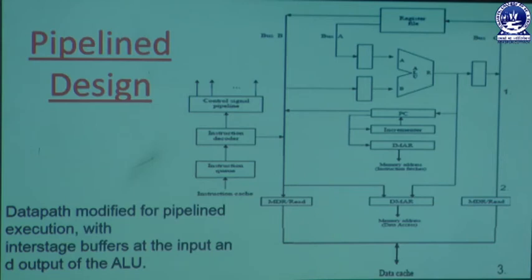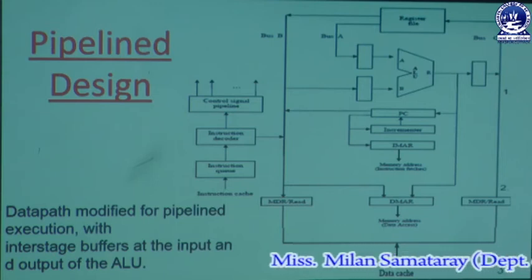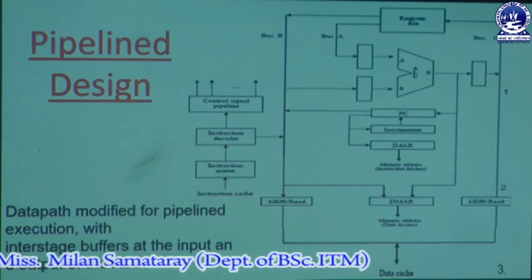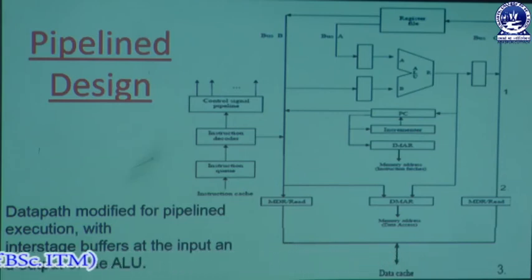Let the instruction be C equals A plus B. The decoder decodes that instruction to mean that we have to load the value of A and the value of B, and then after getting the values of A and B, we have to add them, and then the result will be stored in C. So after decoding the instruction, the control signals are generated: we have to read the values of A and B, then write the result in C, and another operation is to perform the addition.